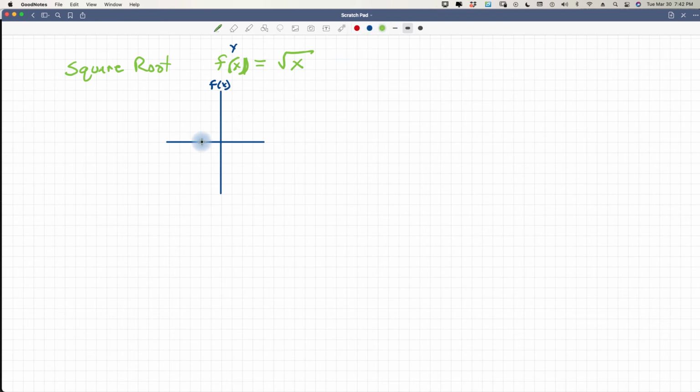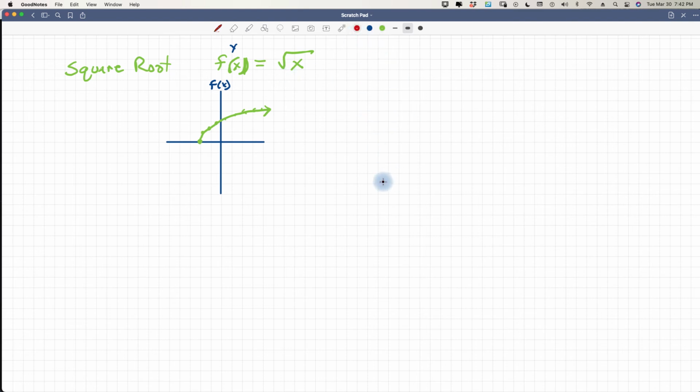You'll have a point that is a definite starting place, and then it is going to curve up and over. That is a square root graph. And you'll have points all along the way. So that's what that is. All right, that's a square root.